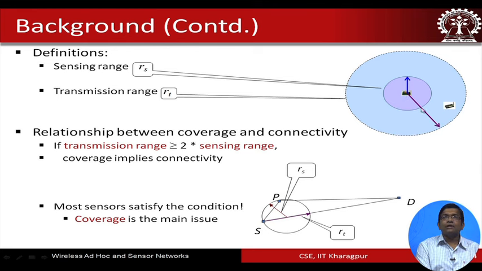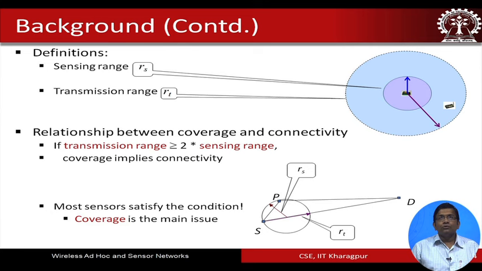So, if this is the range of communication for this particular node, we have to ensure that there is another node somewhere which is going to receive the data transmitted by this node, and through a multi-hop path the data has to be relayed to the sink node or the base station.